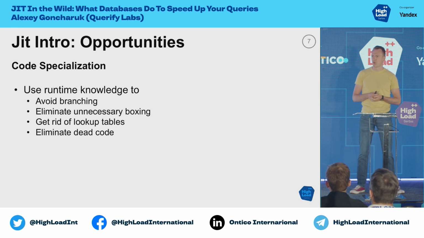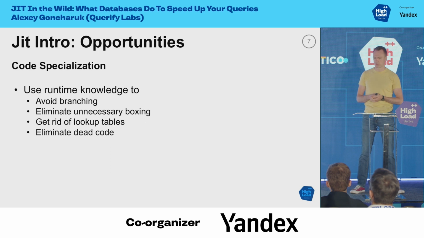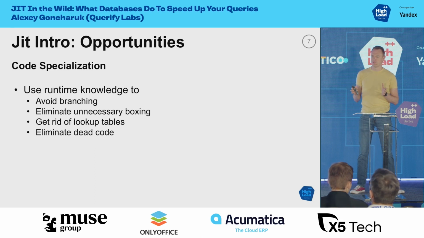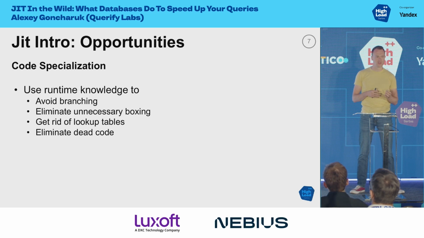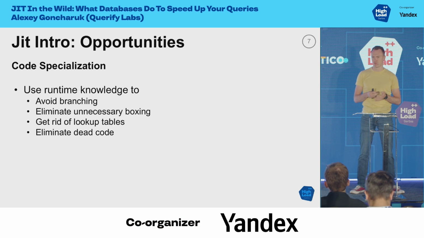When you process millions and billions of rows, that adds up to a significant speedup. When you know in advance, for example, the type system, you can avoid using generic objects to represent tuples, and instead specialize your code to use specific primitives, which also improves throughput and memory management.